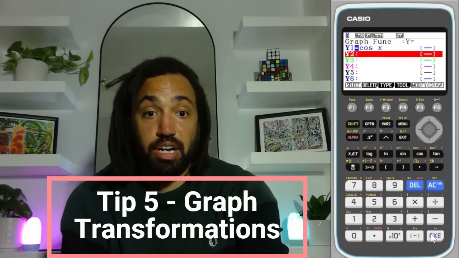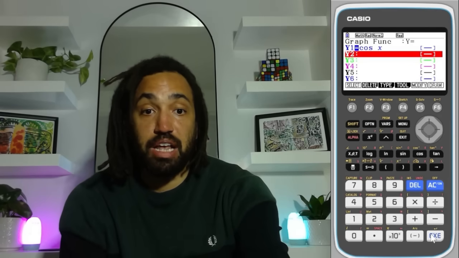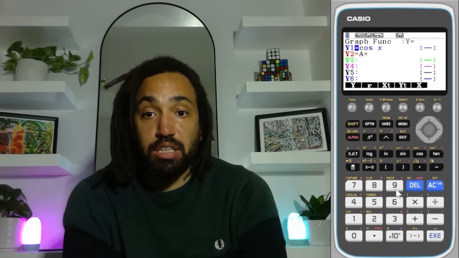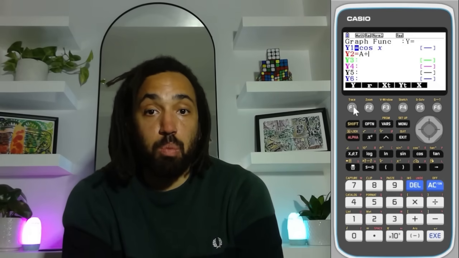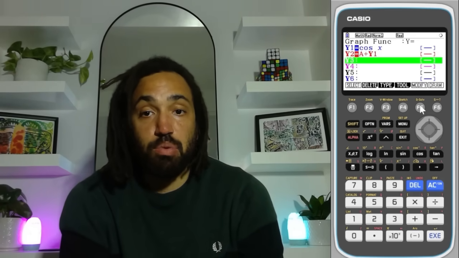Let's say I want to try and transform cos of x. So I put it in the first spot, and then I can put in alpha a plus y1 being cos of x, the first function that we have there. And when I press modify, not draw, it will give me the two lines.